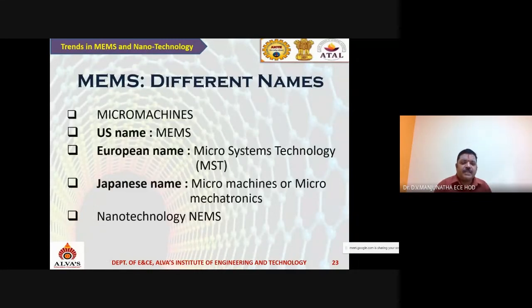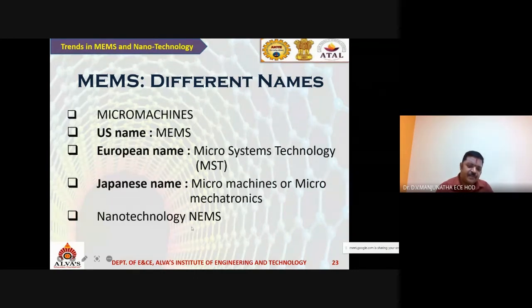MEMS has different names in different countries, right? Let us see what MEMS is called. The US name is MEMS, Micro Electro Mechanical Systems, but the European name is Micro Systems Technology, MST, right? The Japanese call this MEMS technology micro machines or micro mechatronics, right?